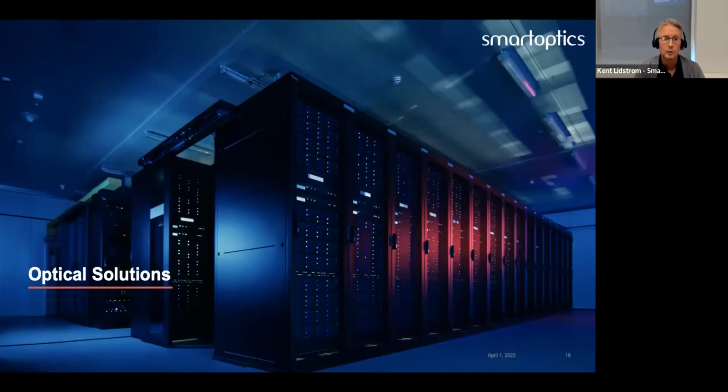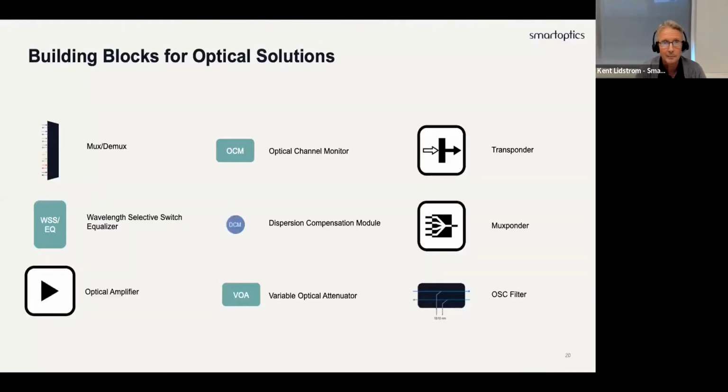In order to put an optical solution in place, you need a number of building blocks. If we then jump to the next slide, I've just shown some of them here. We need some kind of optical mux/demux unit. In many cases, you want to be able to balance your incoming data or select from where you should take your wavelength, so you use a wavelength selective switch or some kind of equalizer functionality.